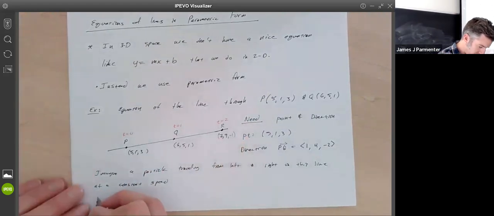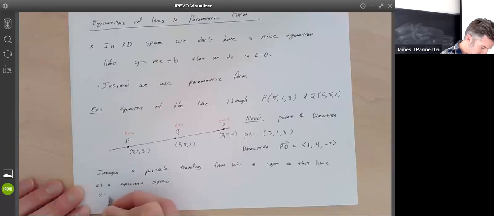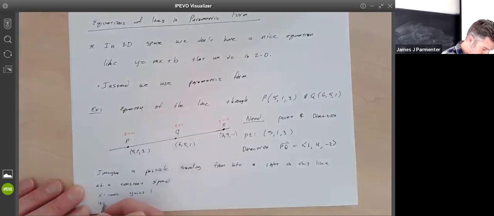So we can see the x coordinate gains 1 each time t increases by 1. The y coordinate gains 4. And the z coordinate loses 2.